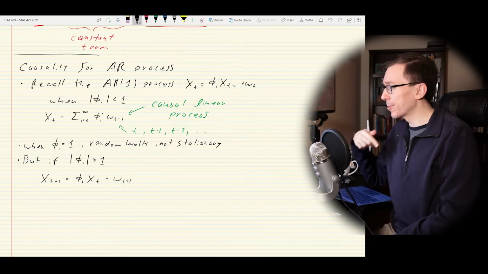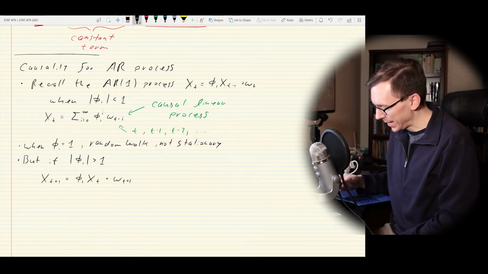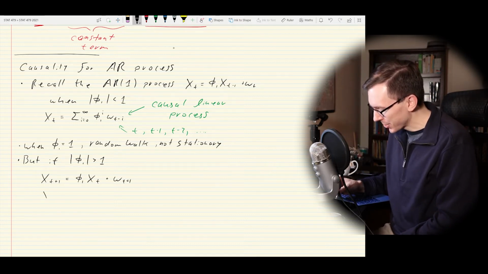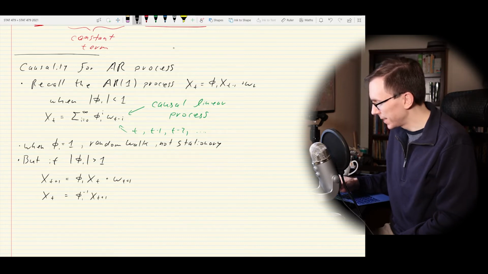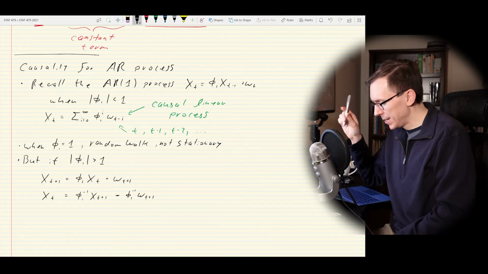Now if we rearrange the terms in this equation, we can write x_t as phi 1 inverse x_{t+1}, and then we have to subtract phi 1 inverse w_{t+1}.